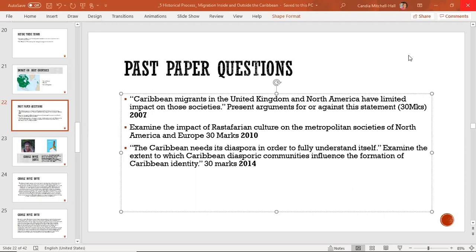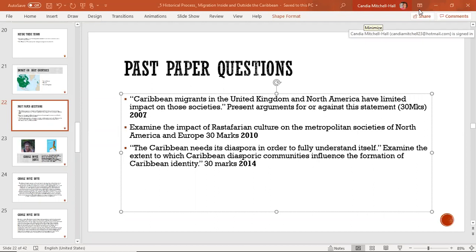The truth is that we are more Caribbean outside the Caribbean than inside. Very, very much Caribbean. And you're going to see what I mean by that once we go deep into the lesson, right?